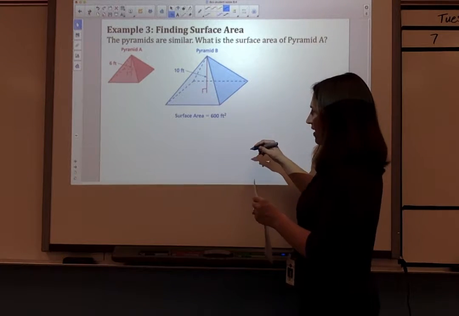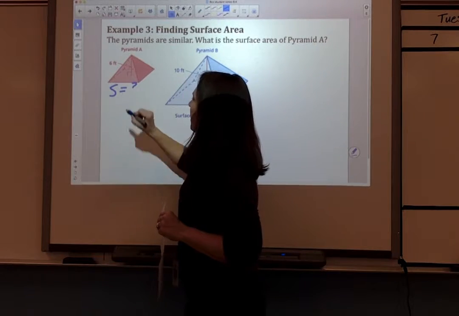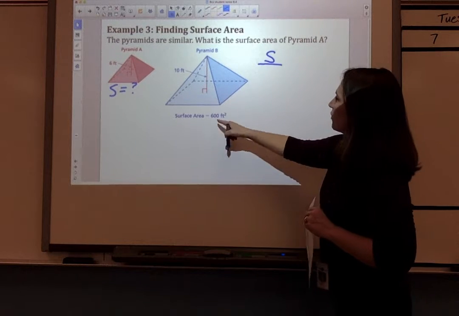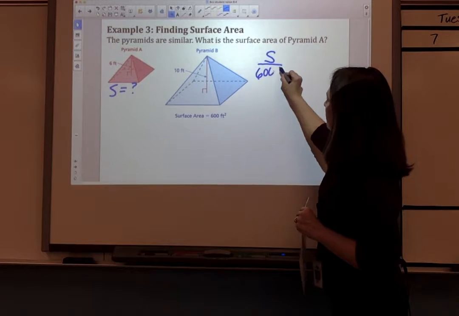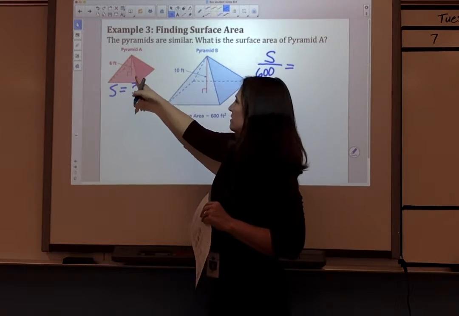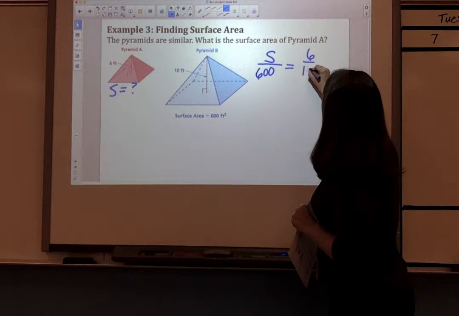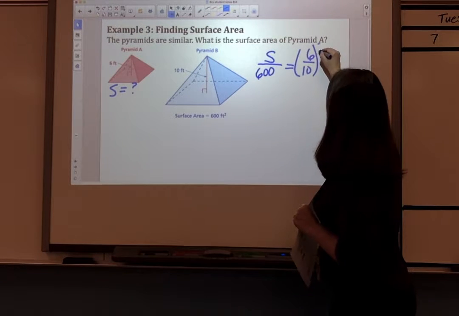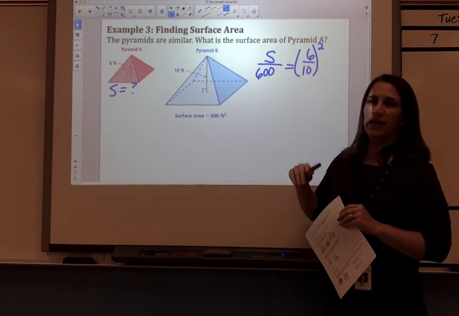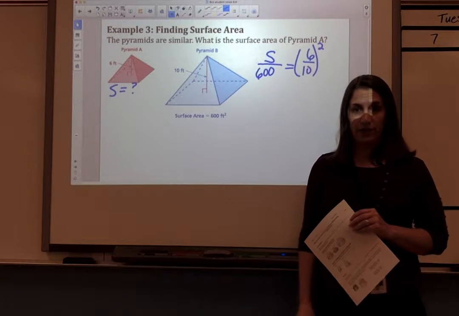So we know that we're going to solve for S. So I'm going to write S over 600 is equal to, and then instead of comparing this to 6 over 10, I'm going to compare it to 6 over 10 squared. So I need to square this ratio in order to make it equivalent to the ratio of the surface areas.